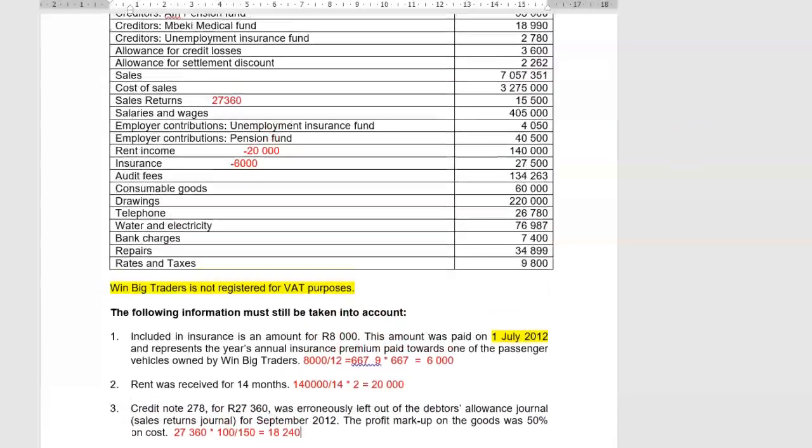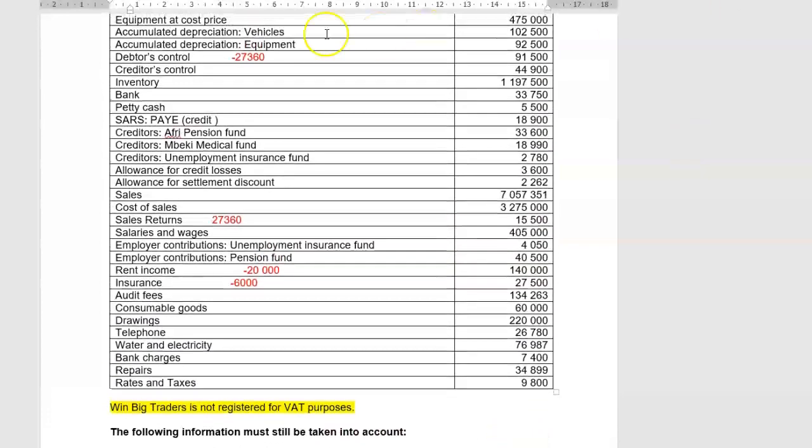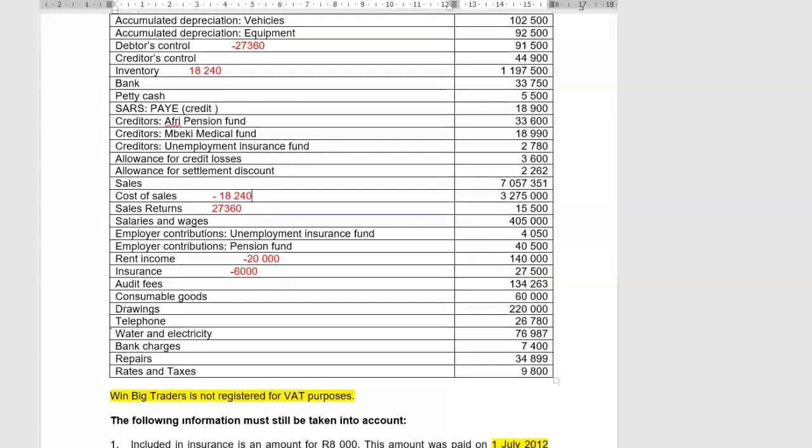Our accounting entry is we're going to debit inventory again. Where's my inventory? With that amount of the value or the cost of stock that I'm going to take into my storeroom again. And I'm going to credit cost of sales. Cost of sales is an expense account. So therefore, if I credit it, I'm going to deduct the amount of 18,240. Good.